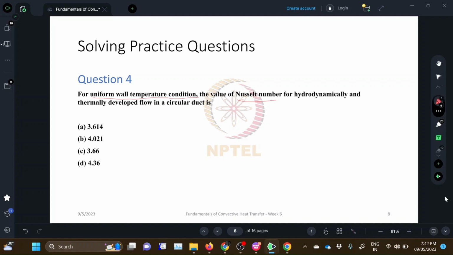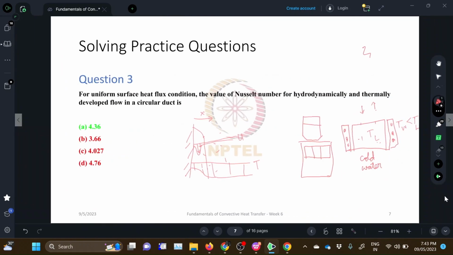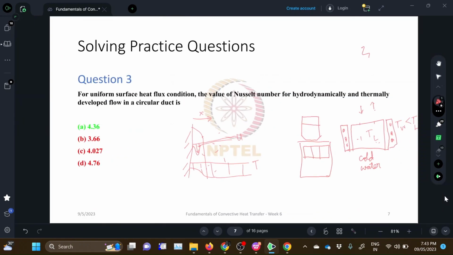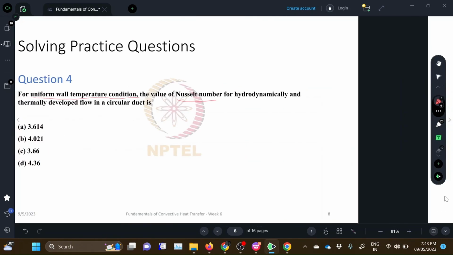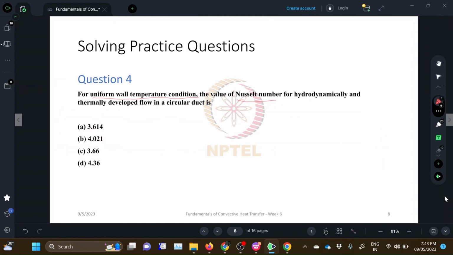Is it option A 3.614, option B 4.021, option C 3.66, or option D 4.36? Previously we saw that for uniform surface heat flux it was 4.36. What will be the case for uniform wall temperature?